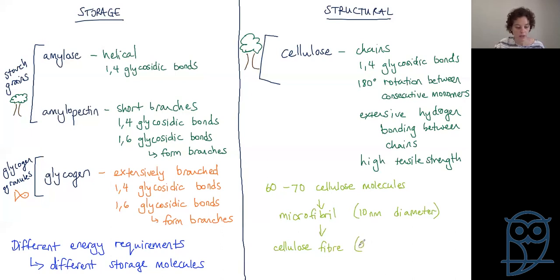Okay, so this is about 50 nanometers diameter. So this all is more and more hydrogen bonds. And when you have more and more hydrogen bonds, you have more and more strength.